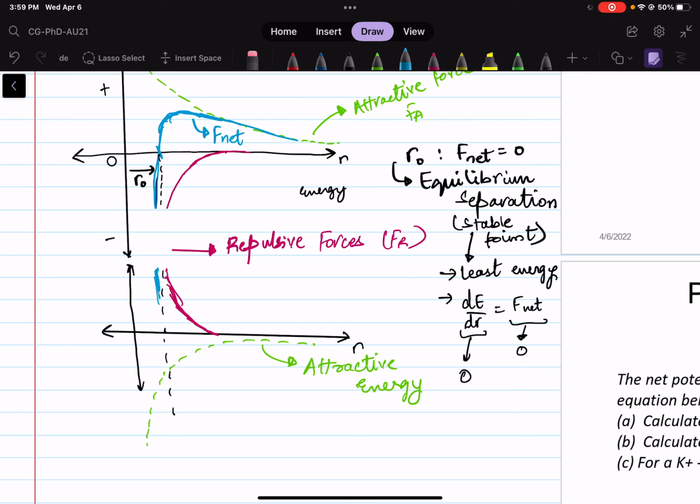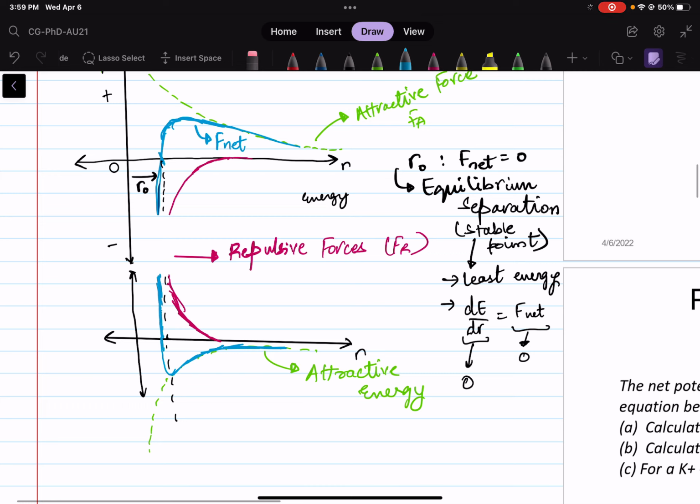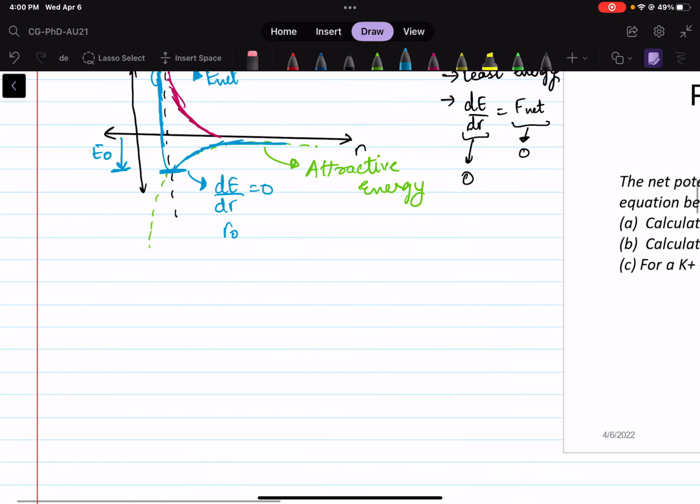So what you'll have is something like this, and this blue, and again this slope here, this is the dE over dr equals to 0, so you have R naught, and then this value is given by E naught. And again, just to clarify, the blue is E net, or the energy of your system, right?